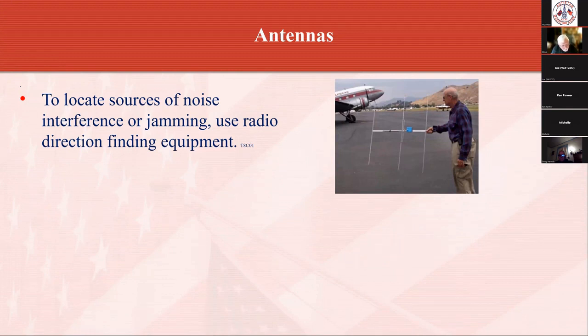If you do have a pad of paper, if you're taking notes, you may want to jot this down. We will cover it in more detail later on at Cramfest. But the formula is 468 divided by the frequency in megahertz. So, for instance, for a 40-meter dipole that is operating at 7 megahertz, you would take 468 and divide it by 7.